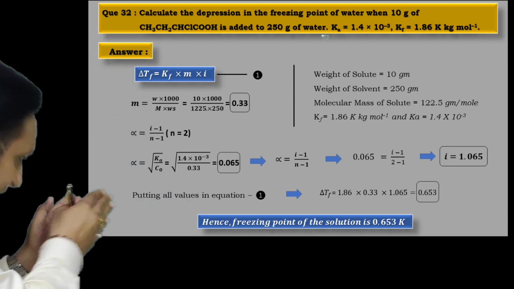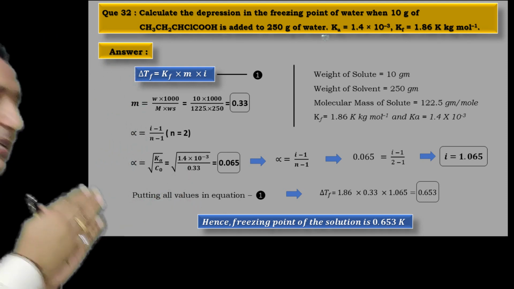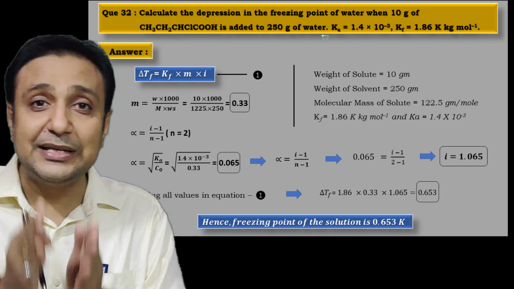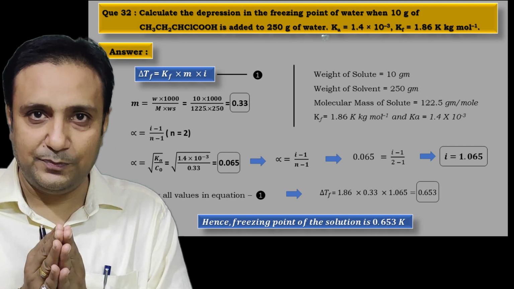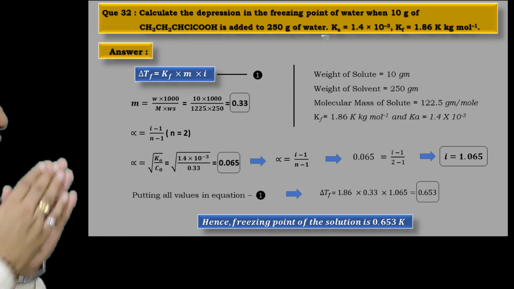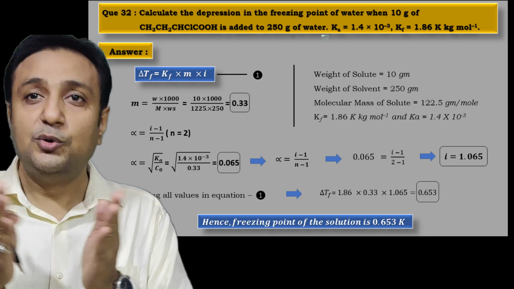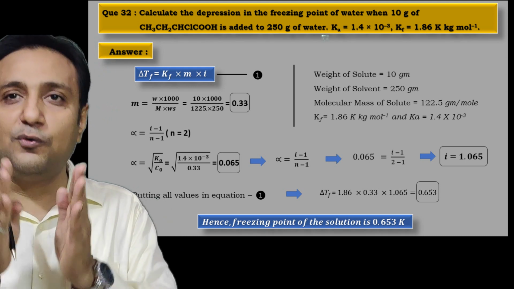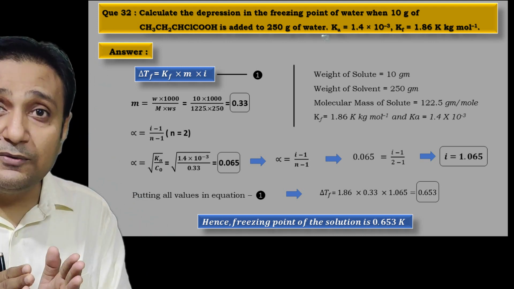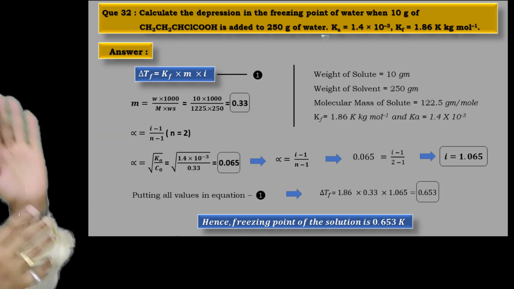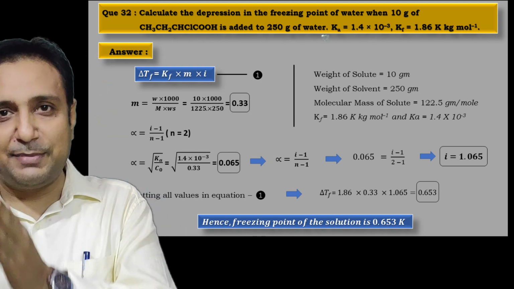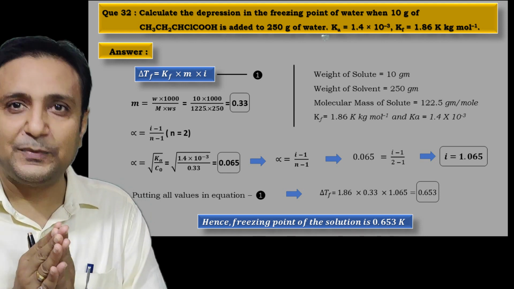So put the value of Ka and the value of C0, and you will get alpha equal to 0.065. Now put the value of alpha in the formula of degree of dissociation, and you will get the value of i equal to 1.065. Put this in equation number 1, that is delta Tf is equal to Kf multiplied by small m multiplied by i.